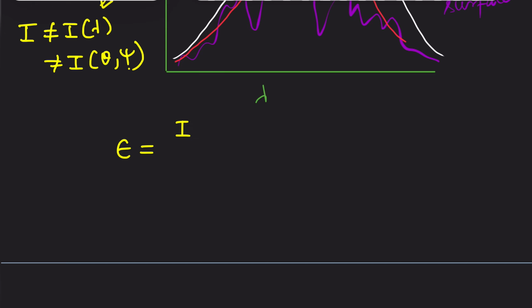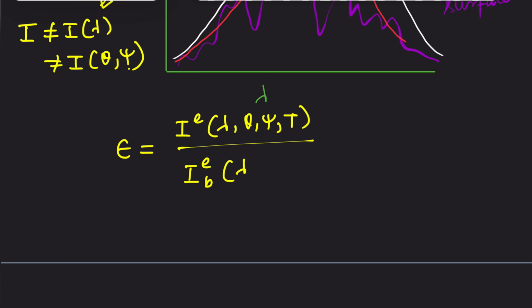So I will keep a superscript E here, the intensity of the radiation emitted by a body. If it is a real surface, it will be a function of these variables and also of T, and if it is a black body, then it will be I E B lambda. It is not a function of theta and psi, because a black body is by definition a diffuse emitter. So this is not a function of lambda.